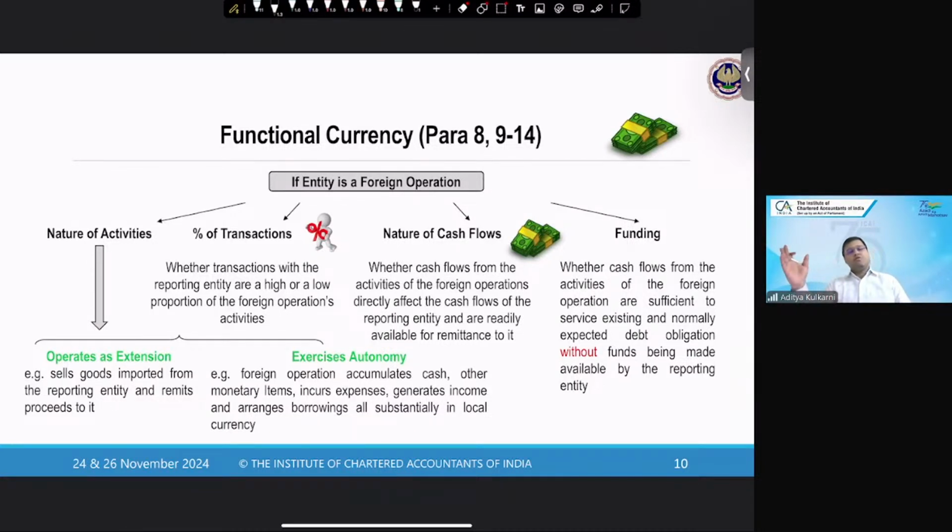When I talk about foreign operations, let us take, for example, a company like SBI, State Bank of India. State Bank of India is having branches in London, branches in the United States, branches in Singapore, branches in Australia.